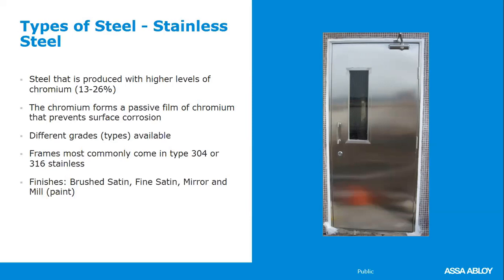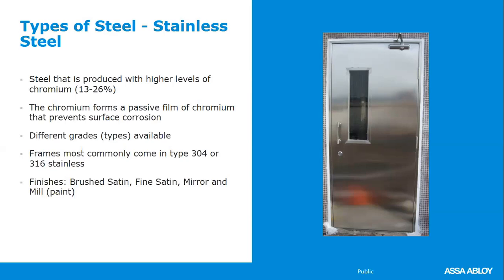This allows the 316 stainless steel material to resist corrosion, so the corrosion process slows down more than with the 304. So if you've got an area with a lot of corrosive material, like chemical plants, most likely you're going to see the 316 specified, just because the chromium is higher and it's more highly corrosion resistant than your 304.